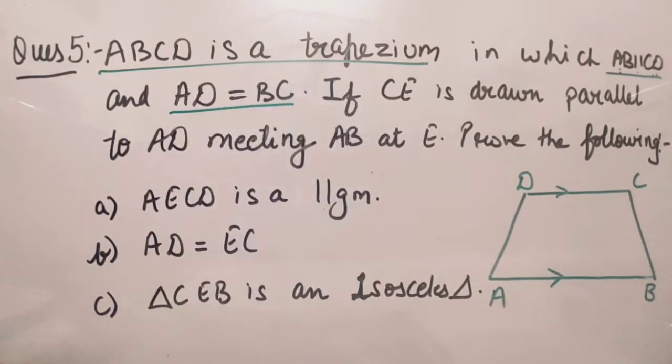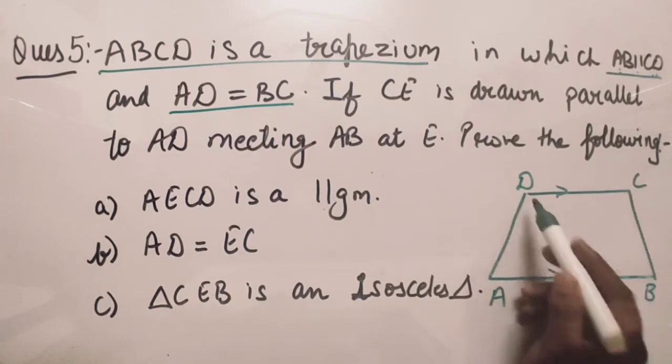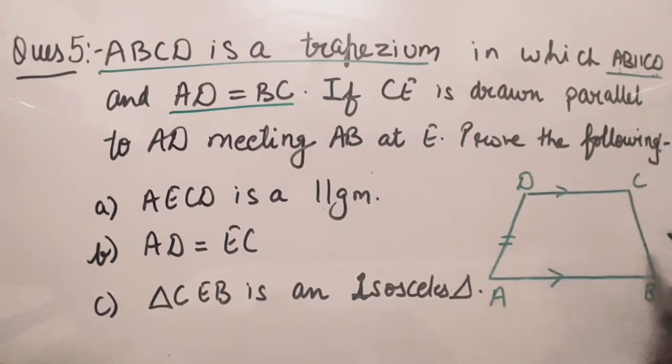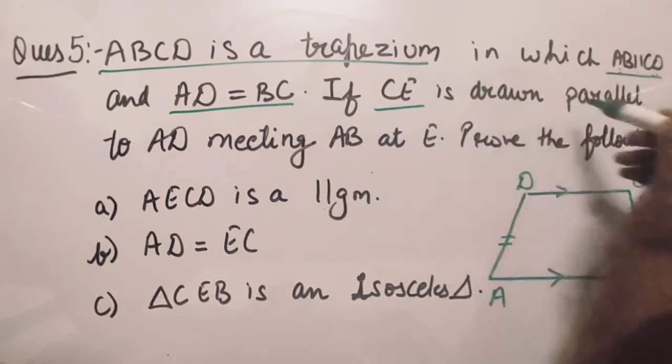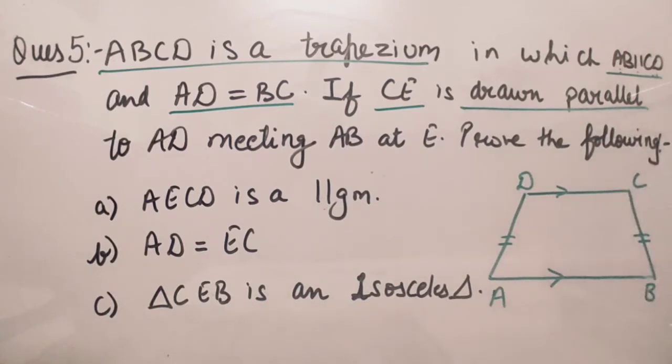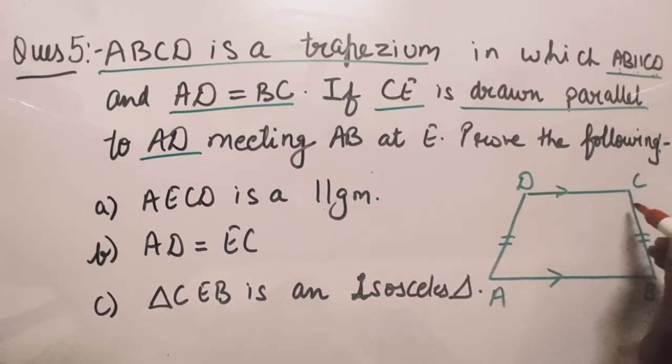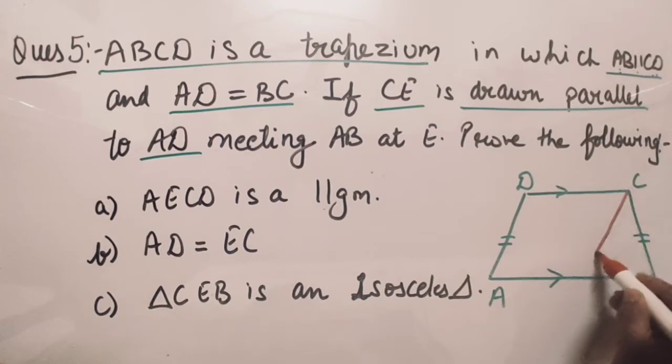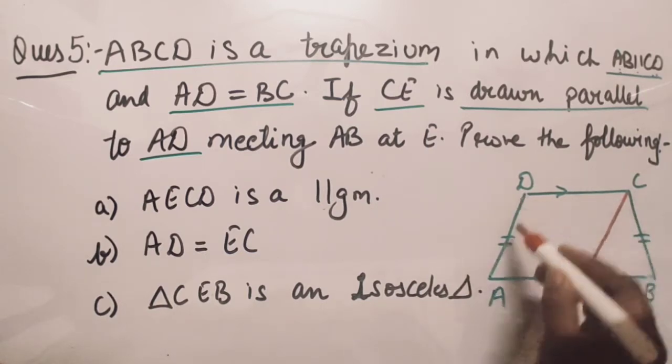The next thing which is given is that AD is equal to BC. It means side AD is equal to BC. Then the question says CE is drawn parallel to AD. So we are going to start drawing CE, which is supposed to be parallel to AD, right?